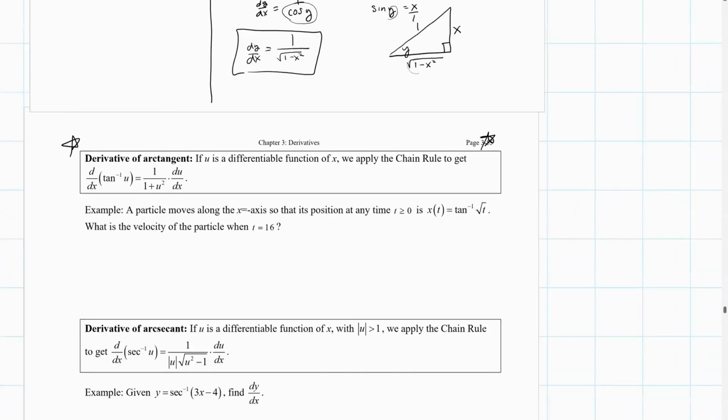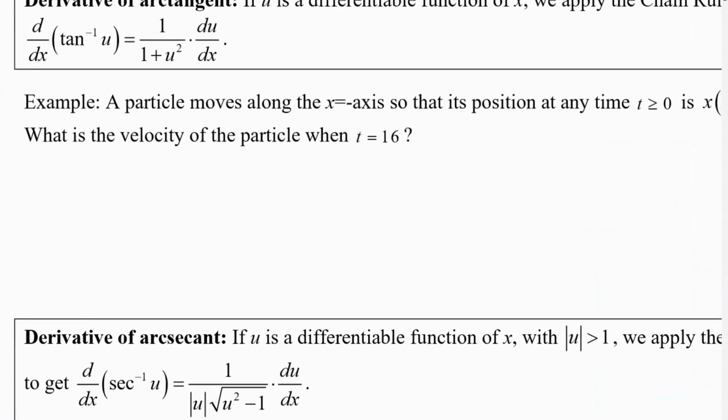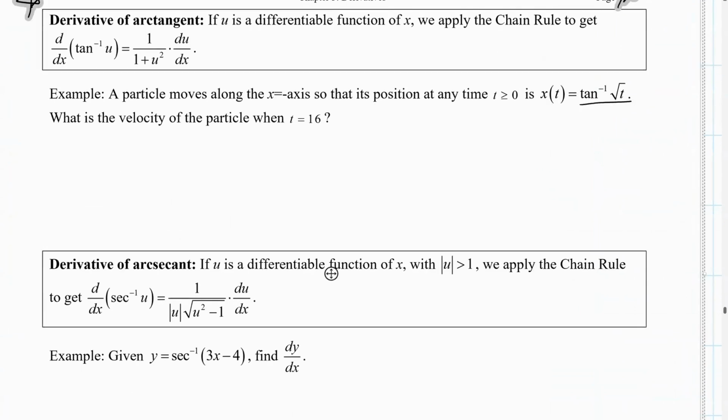Okay. All right. So let's go ahead, and if we believe that's true, we should be able to say, what is the derivative of the inverse tangent of the square root of t? So let's see. x is a function of t.